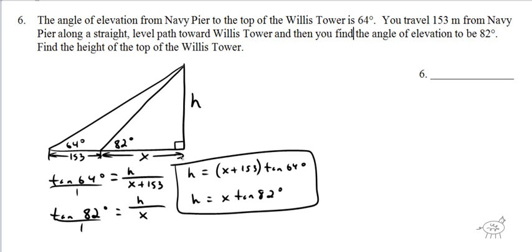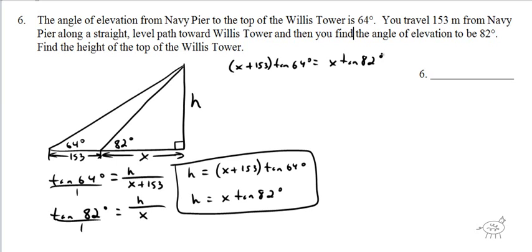Of course, if you remember from your algebra days, just use substitution now. I can substitute one of the h's for the other, and I get (x plus 153) tangent of 64 equals x tangent of 82 degrees. And I'm solving for x.